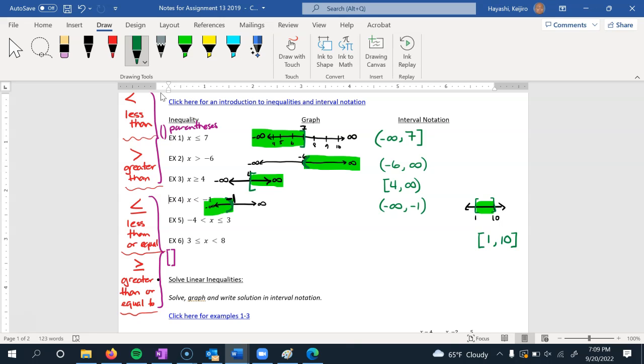Okay, so in the past, you may or may not have heard about mnemonics for how to interpret the inequality symbols.